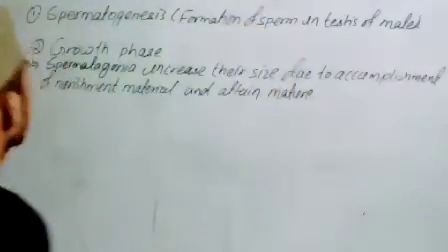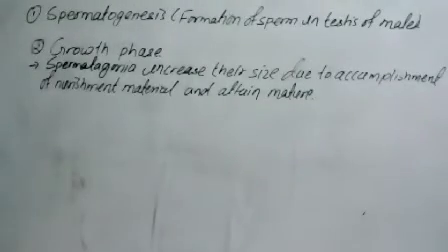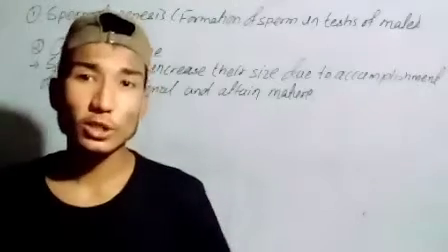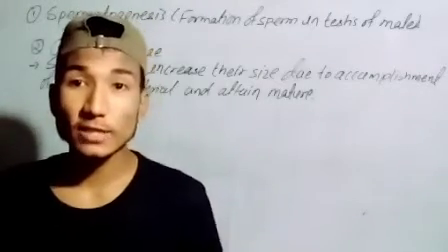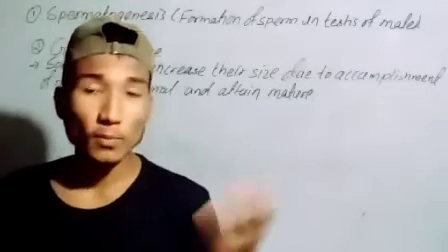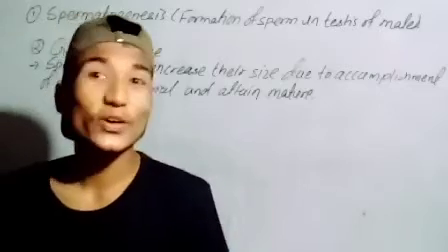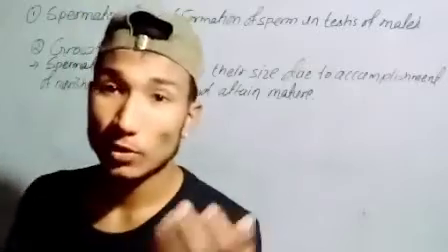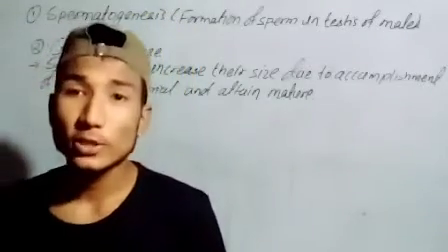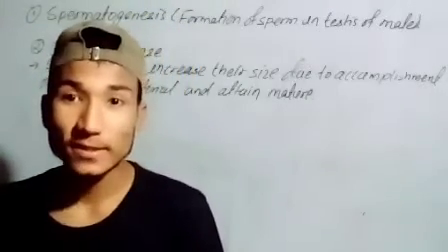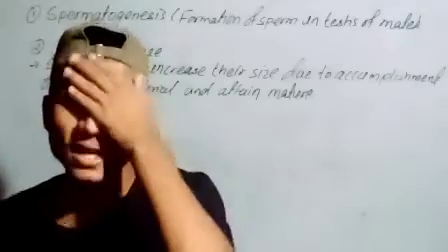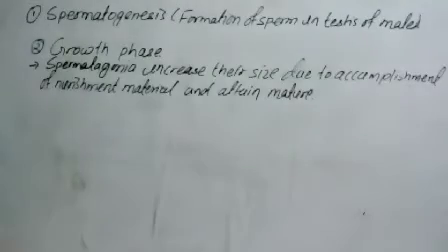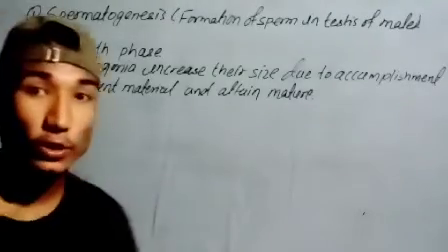Okay, it is simple. When you take your food, any nourishment material, protein having energy material, it gives you energy for your growth. And if you have growth of the body, then you attain maturity. Similarly, the spermatogonia also increase their size due to the accumulation of nourishment material.